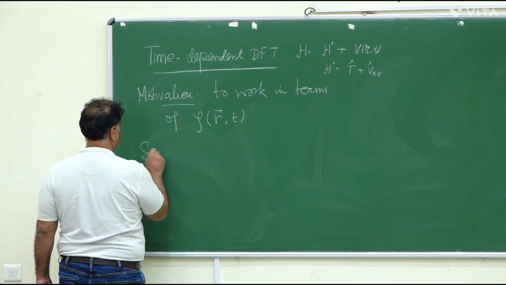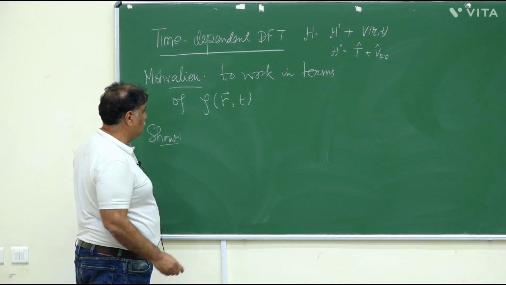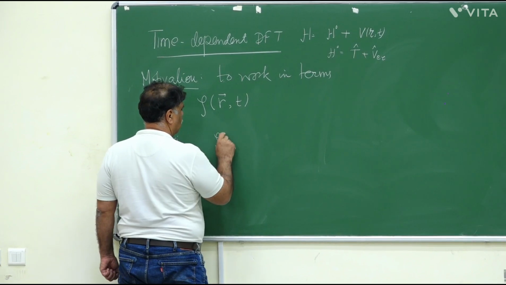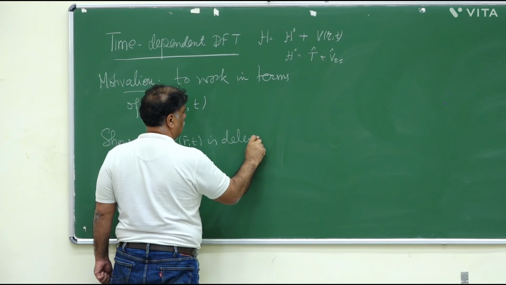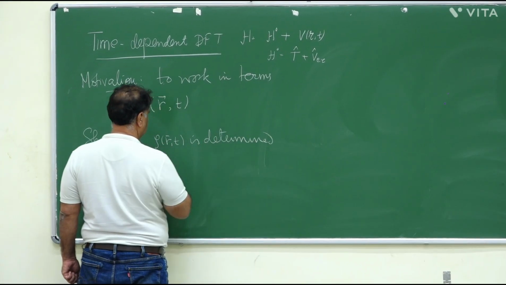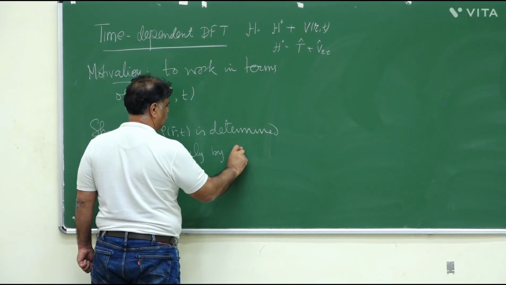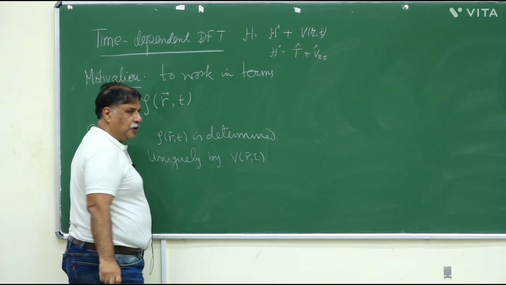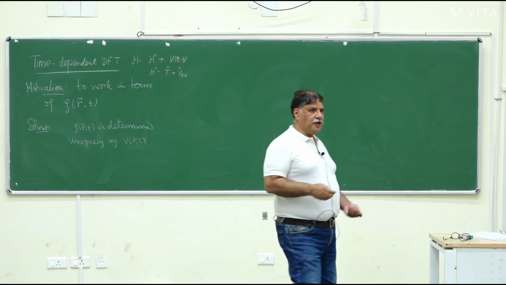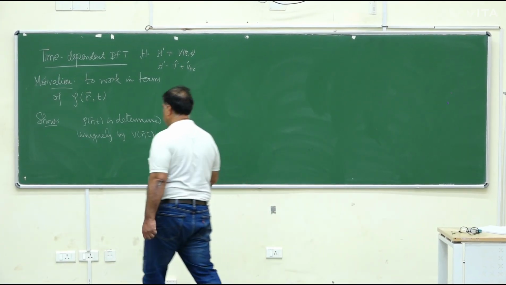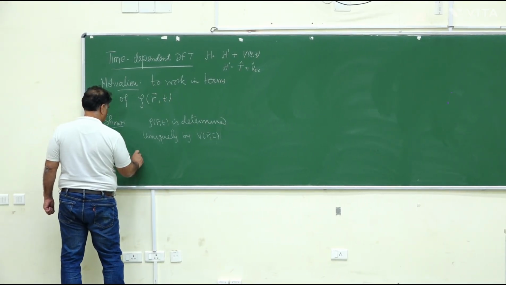What we want to show, just like in stationary state DFT, is that rho(r,t) is determined uniquely by a potential v(r,t). So no two potentials that differ by more than a constant can give me the same density.